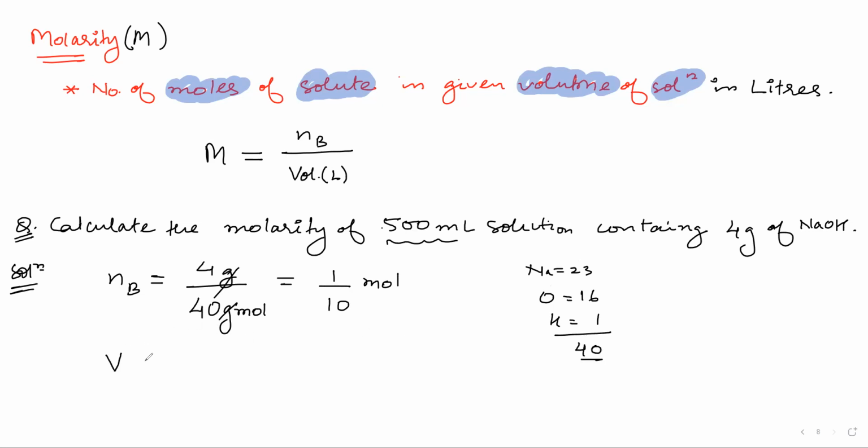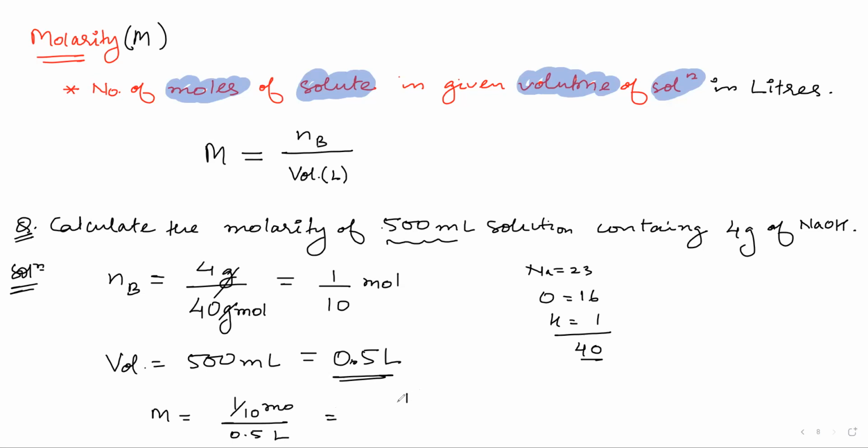Now you have to calculate the volume. The volume is equal to 500 ml. You will convert this to 0.5 liters. This is important because we have to use the volume in liters. Now the molarity will be equal to 1 by 10 mole divided by 0.5 liters. 0.5 will become 1 by 2, and 1 by 2 will go above.